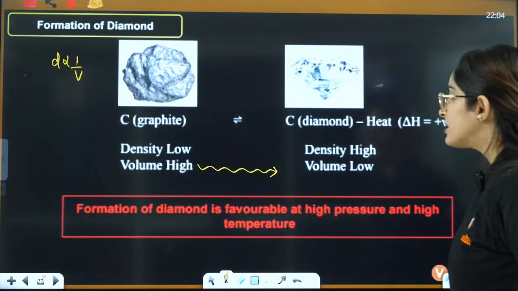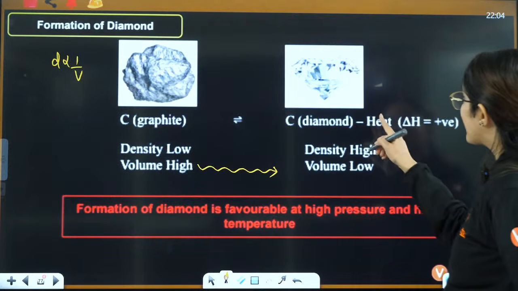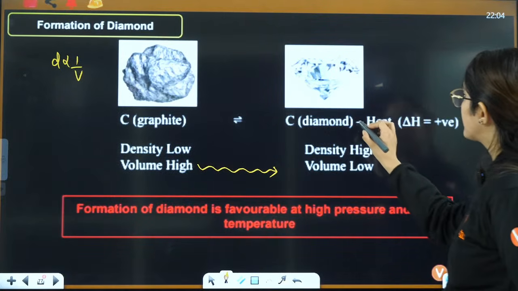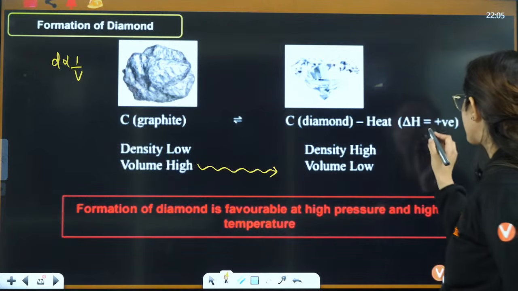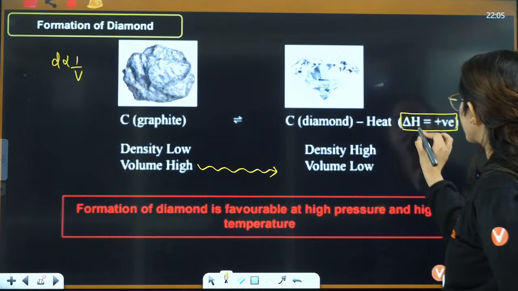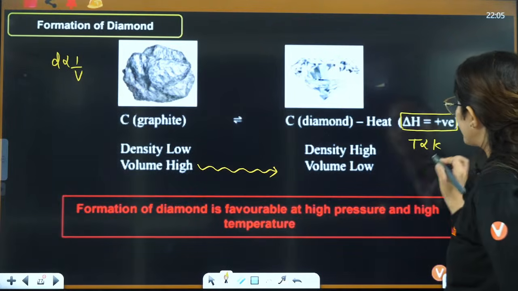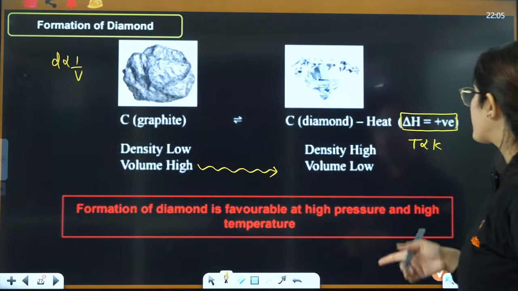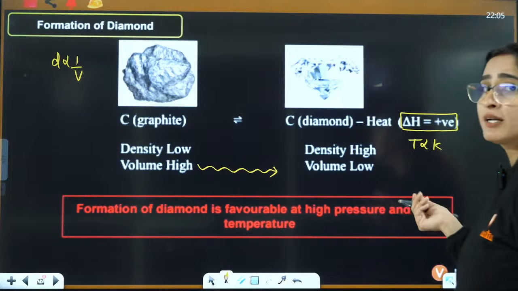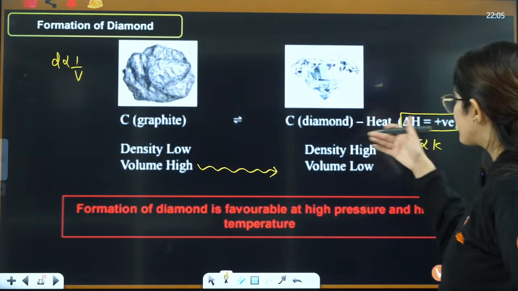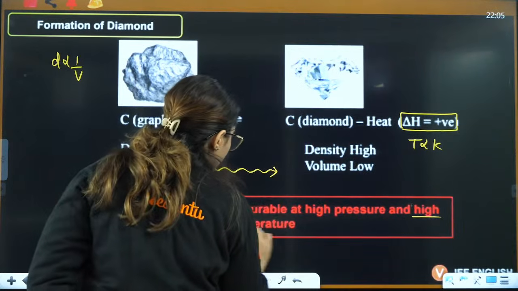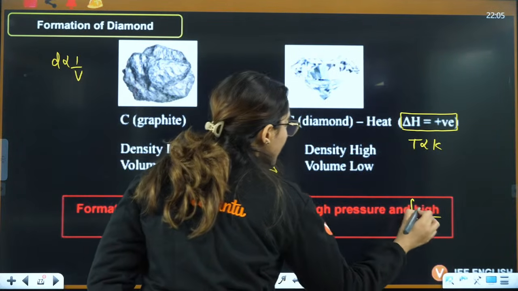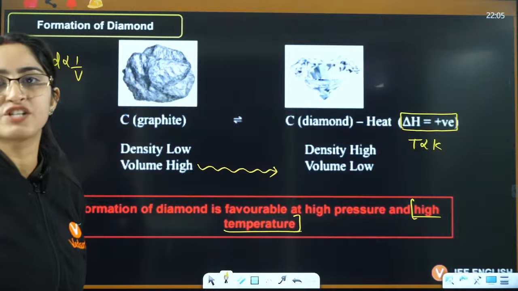But there is another rule that is applied, that is here heat is absorbed. That means delta H is positive, so temperature and K are directly proportional. So you have to increase the temperature to have the forward direction. So what do you need? High temperature. Now, ma'am, how will we answer the pressure?